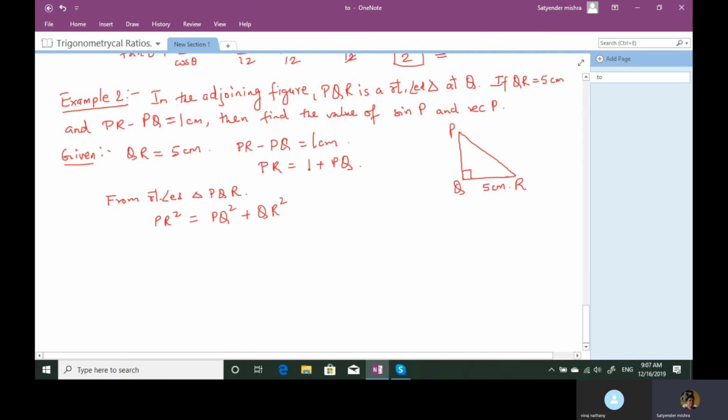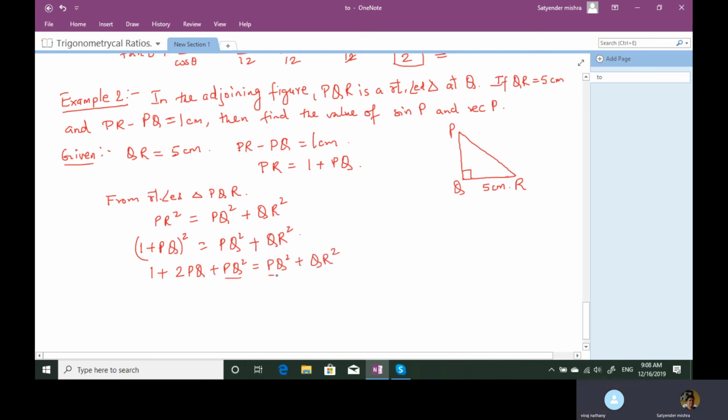So what is PR? PR is 1 plus PQ. We can write 1 plus PQ, whole square, equals PQ square plus QR square. So 1 plus 2 PQ plus PQ square equals PQ square plus QR square.